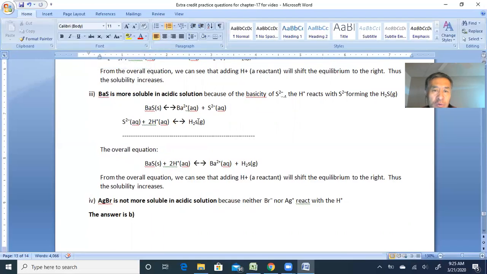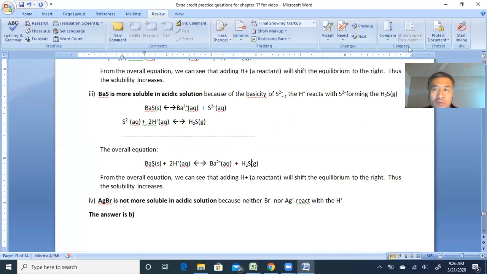So we have these two equations. Then you add them, so the S2- cancels out, and we get this overall equation. In this overall equation, we can see this H+, which is our acid, exists as aqueous reactant.